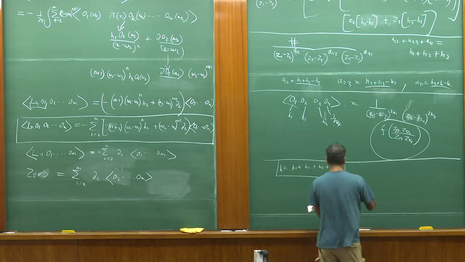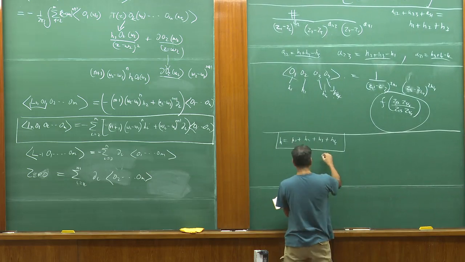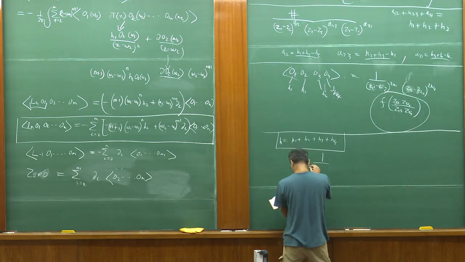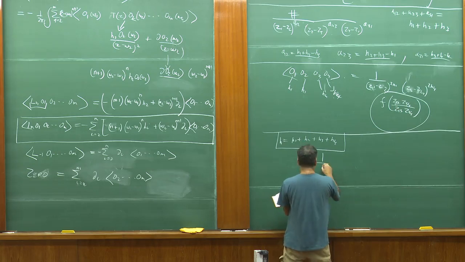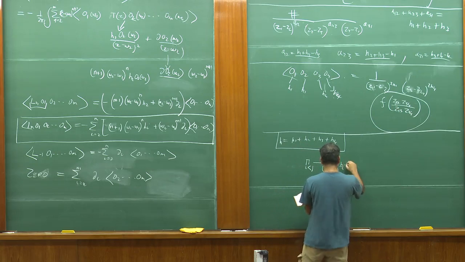Okay, and one way of writing this prefactor is 1 over the product over i less than j of Zij to the power h by 3 minus hi minus hj.